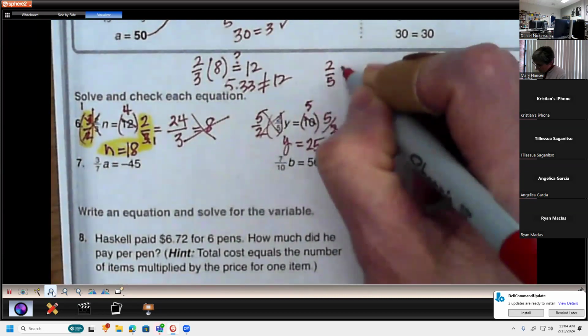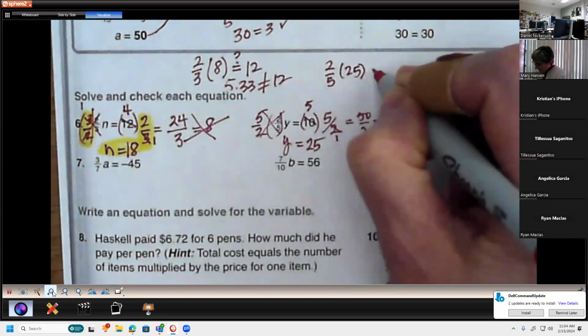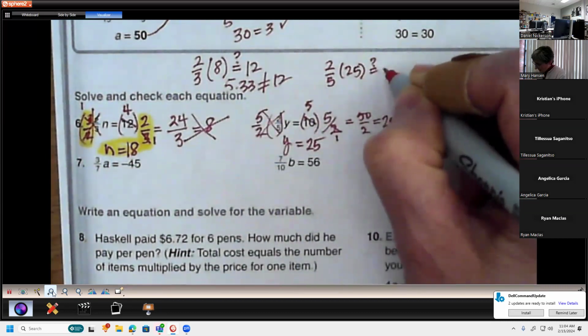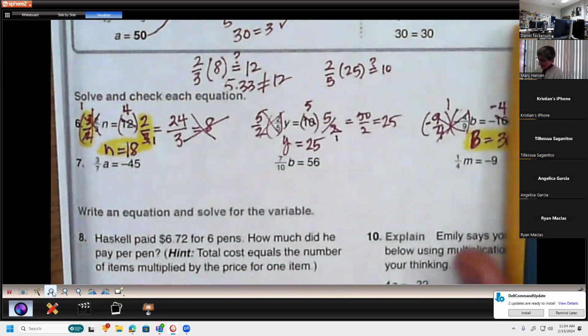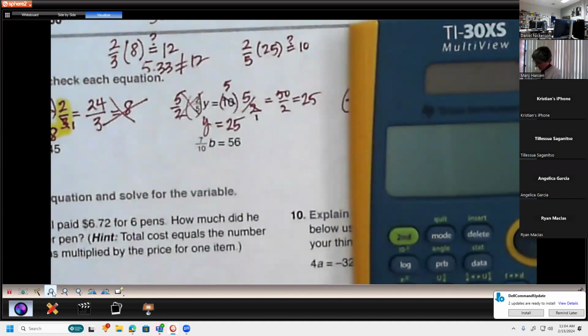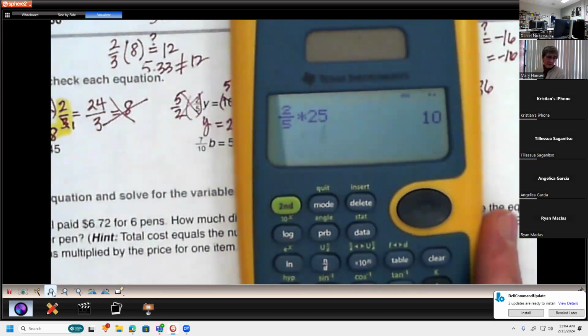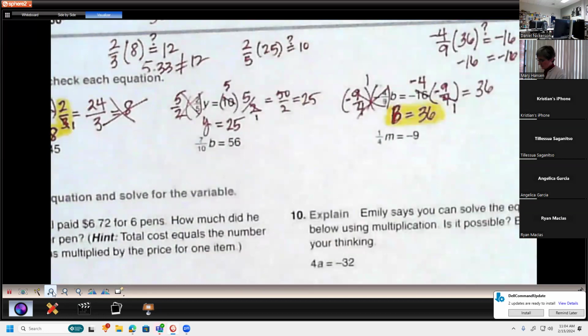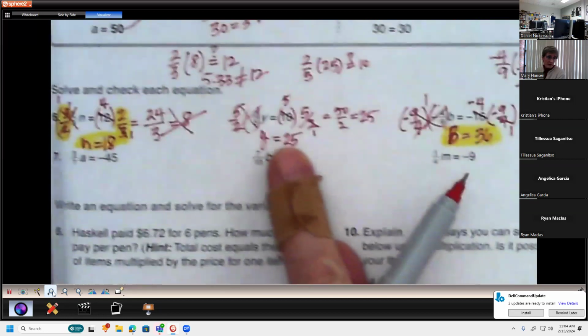Put in your calculator 2/5 times 25. We want to see, does that really equal 10? I can make a fraction, 2 on top, 5 on bottom, times 25. And it does in fact equal 10. And that's how I know that my answer of 25 is correct.